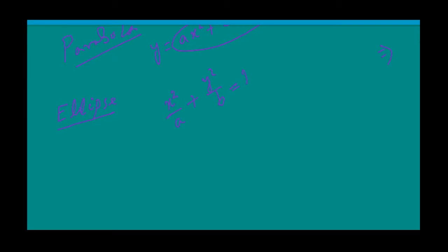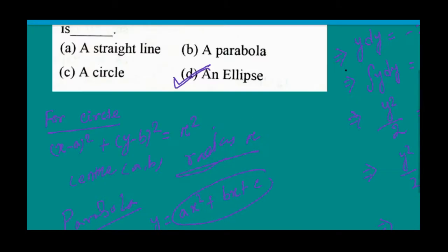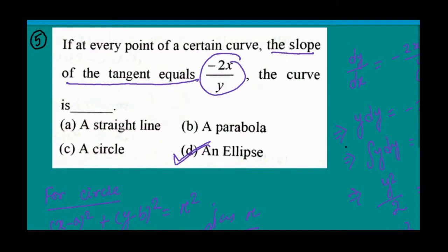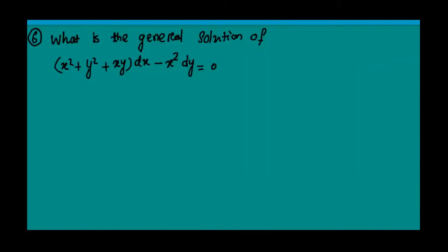Next question number 6. What is the general solution of this one? This is the differential equation given. What is the general solution of this one? This is from the homogeneous part.